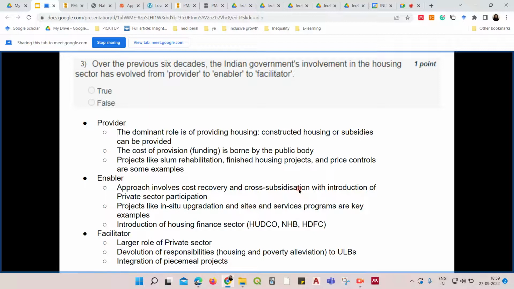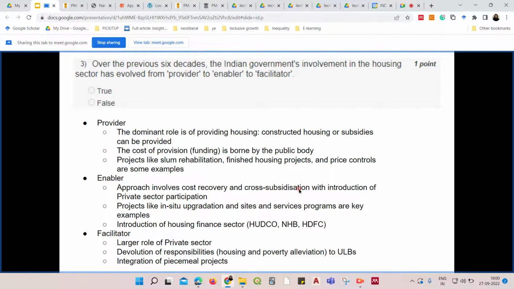While in cross subsidization, as I gave you the example of in situ upgradation, the government doesn't directly provide the beneficiary some amount or some sort of compensation for building their house.